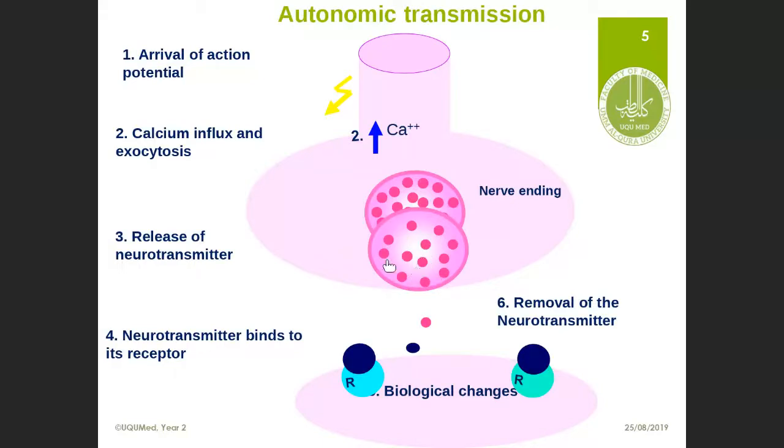Exocytosis means that they are released in the form of vesicles into the synaptic cleft.